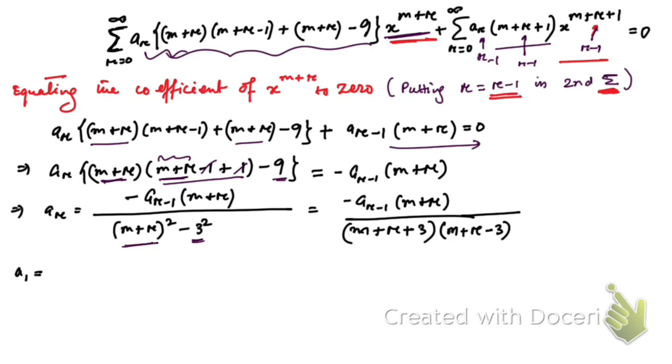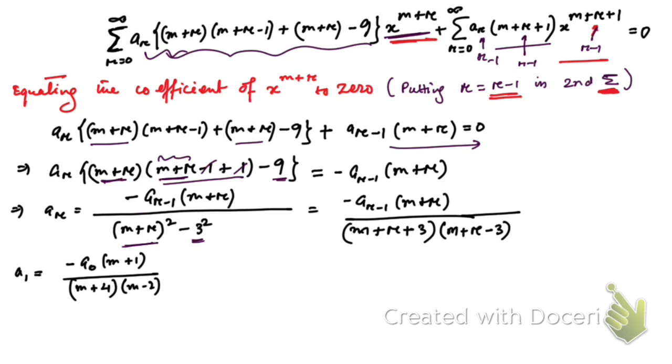Now from here we can find a1. Putting r equal to 1 here, and here also r equal to 1, this term becomes a naught and this becomes a1, right? So hope you have understood this.